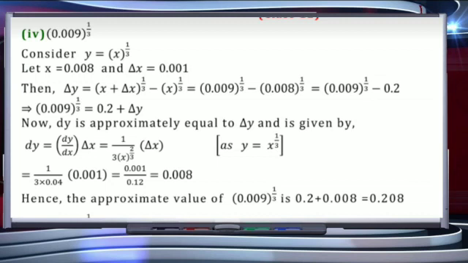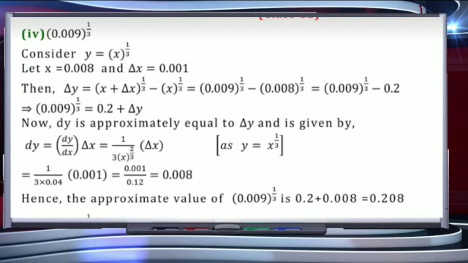So the fourth part is to find the approximate value of 0.009 raised to power 1 by 3 by using differentiation. As you can see, we have to find a cube root, so our function y becomes x raised to power 1 by 3. Now the cube root of which value is possible near 0.009?